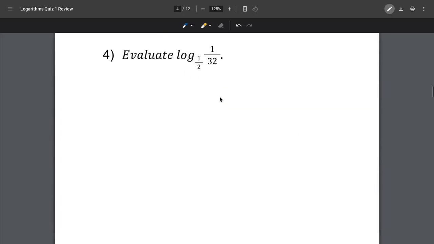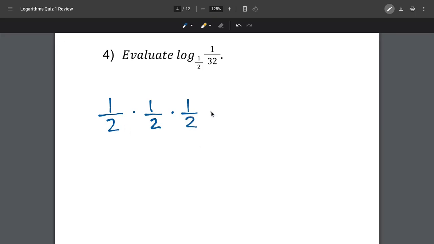Next one, we're going to evaluate the log with the base of 1/2 of 1 over 32. Okay, so that means how many times do I multiply 1/2 to get 1 over 32? Well, if I do 1/2 times 1/2, so multiply across the numerators, the 1s, you still have 1 on top, over 4. So that's 1/4. Keep multiplying.